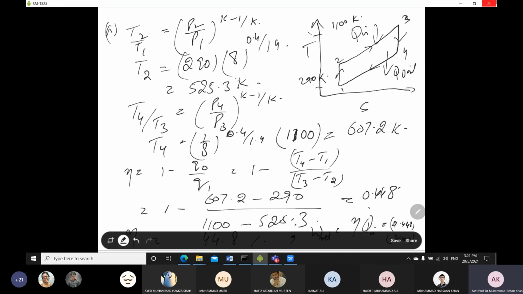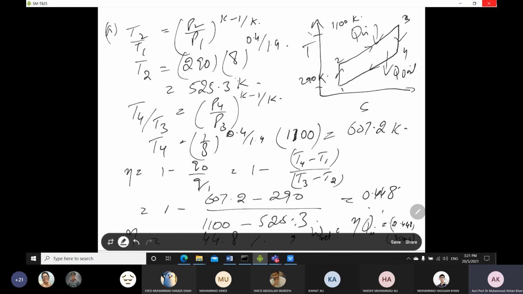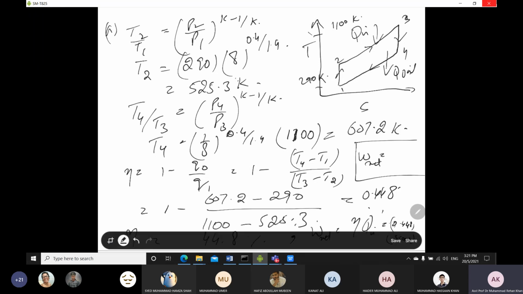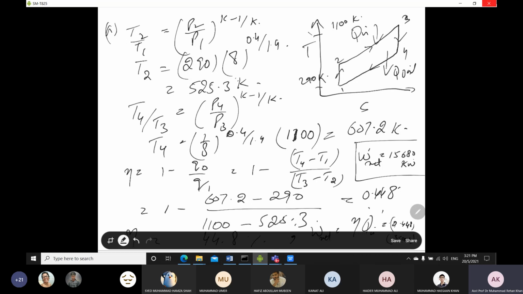Simply multiply these two factors and you will get W net, which is equal to 15,680 kilojoule. This is how you find the power delivered. This is the solution for your part A. If you have any questions, you can ask, and then we move to part B.